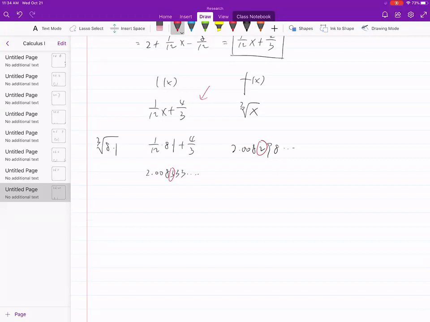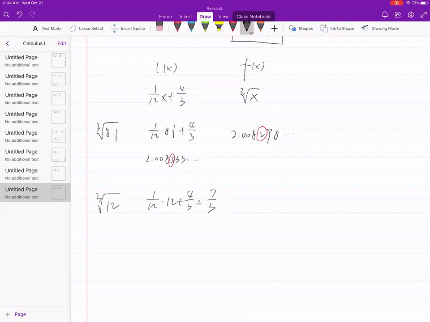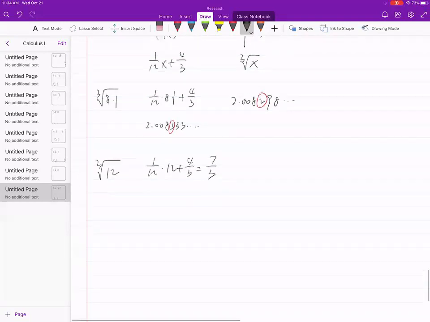Sounds good? Okay, with the same idea, how about we do the cube root of 12? You can see how easy this is. This is going to be 7/3 by my approximation. That gives me 2.333 forever.